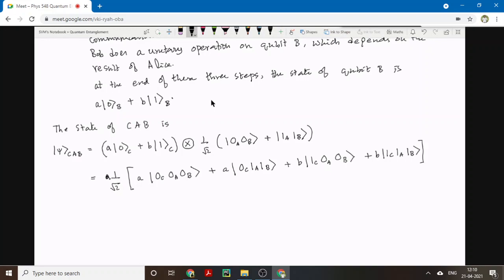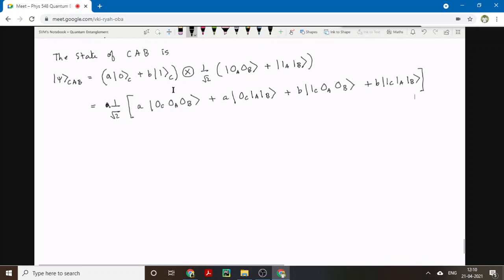Okay, so we can write it like this. Let us call this equation 1.